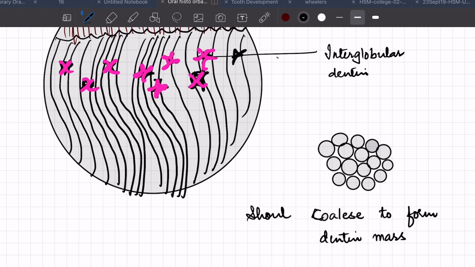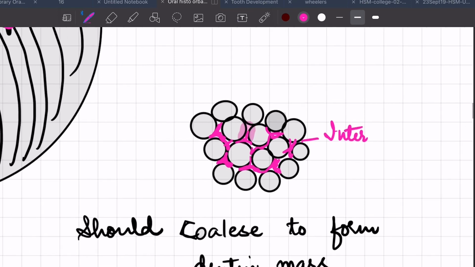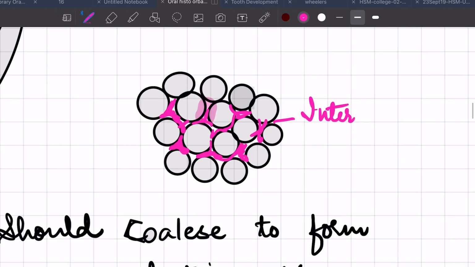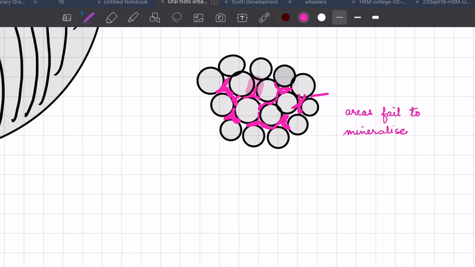Rather, they should coalesce to form the dentine mass ideally. But what happens sometimes is that in between these areas, the pink areas I am denoting here, these areas fail to calcify, and these defective pink areas are the interglobular areas which fail to mineralize.